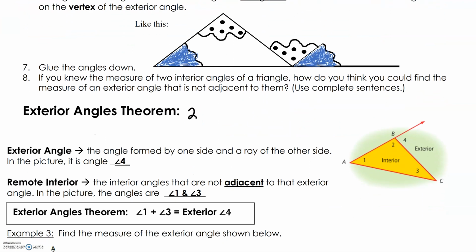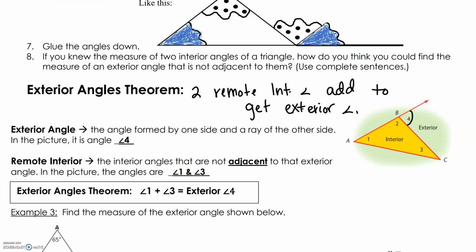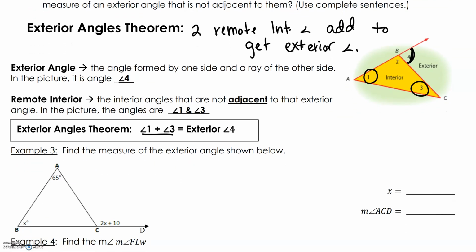So two remote interior angles add to get the exterior angle. So here's my exterior angle. If I were to add 1 and 3, then it would total 4. 1 plus 3 would equal 4.